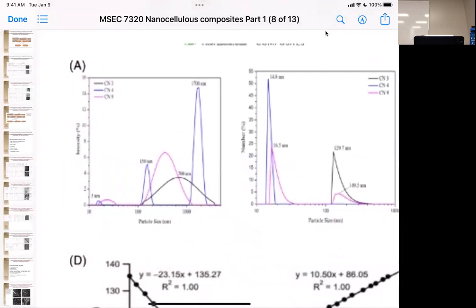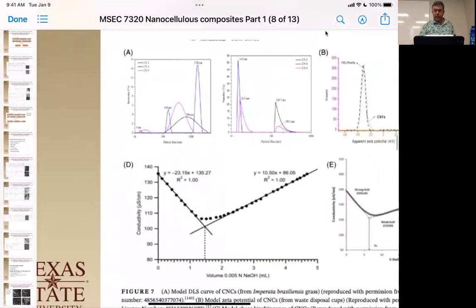And then this one is obviously probably not even broken down, but this sample here has no small part, it's completely aggregate. So we can see that from light scattering, assuming you have crystals. And these are crystals here showing that we have a large fraction and small fraction. So that's one cool way to look at light scattering, and it's a very fast technique. And if you're in water, it's a really good way to do it.